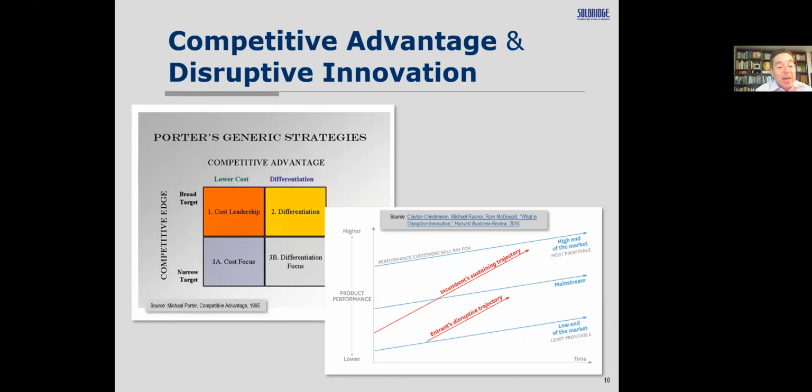And as I said, operational excellence is not a strategy because other people will follow that. So Korean companies that are focusing on low cost for operational excellence will eventually be matched or overtaken by Chinese companies or other companies. That's a very important thing.